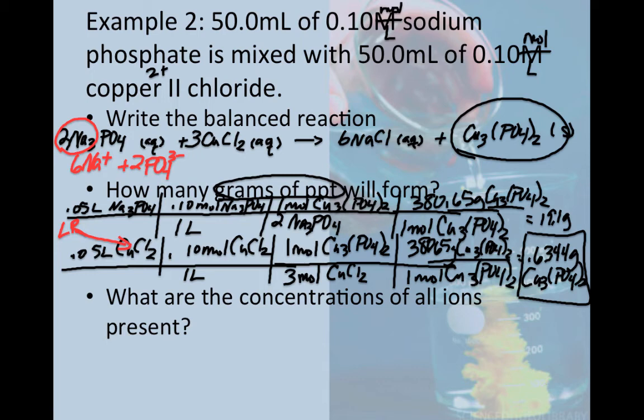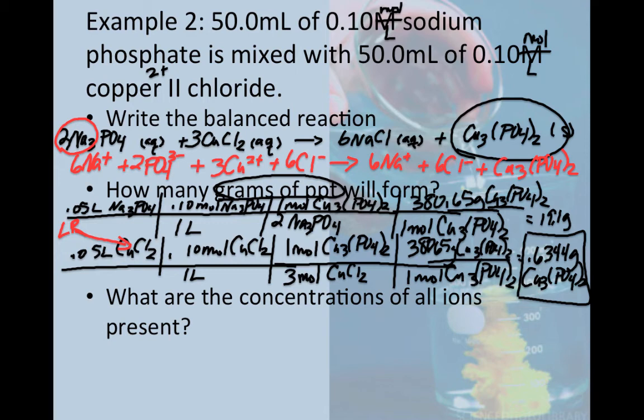That's an excess reagent problem. Then I have 3 copper 2 ions and 6 chloride ions, and that turns into 6 sodiums and 6 chlorides, and then copper 2 phosphate stays together because that's my precipitate. It does not dissolve in water.